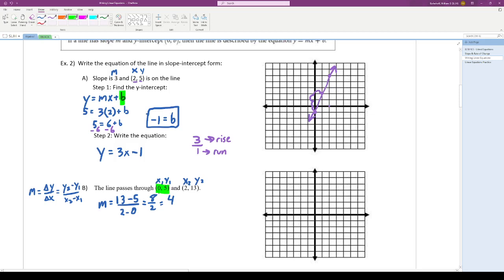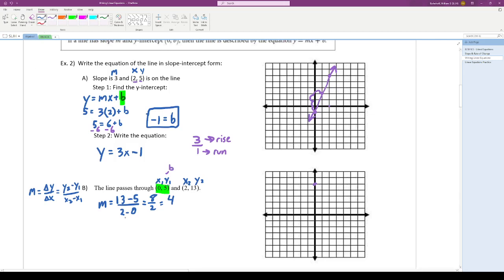So when x is 0, y is 5, and that is the definition of our y-intercept: whenever x is 0, whatever value y is, that's our y-intercept. So this 5, this y1, was also our b value.